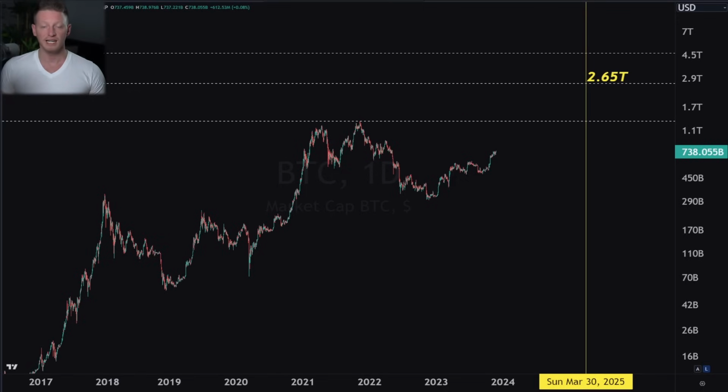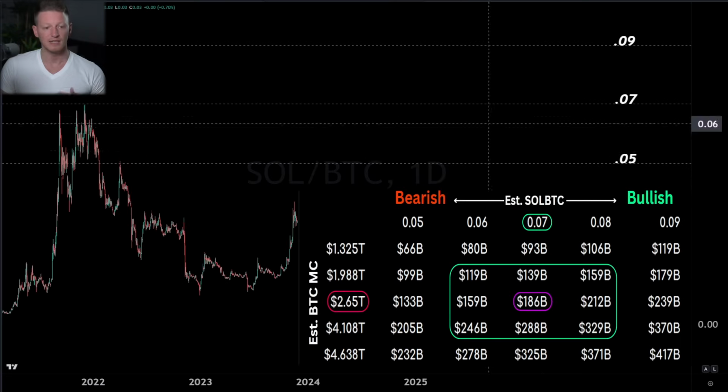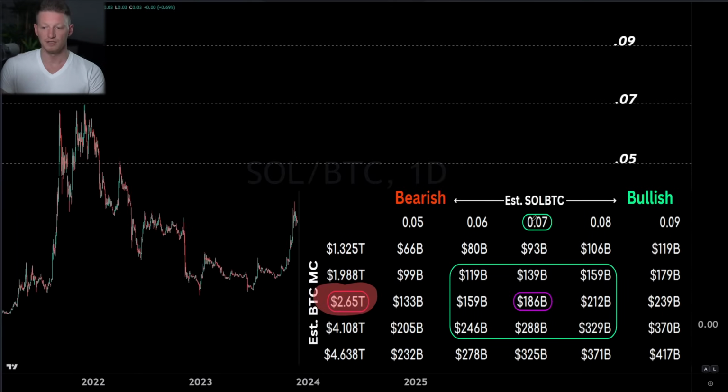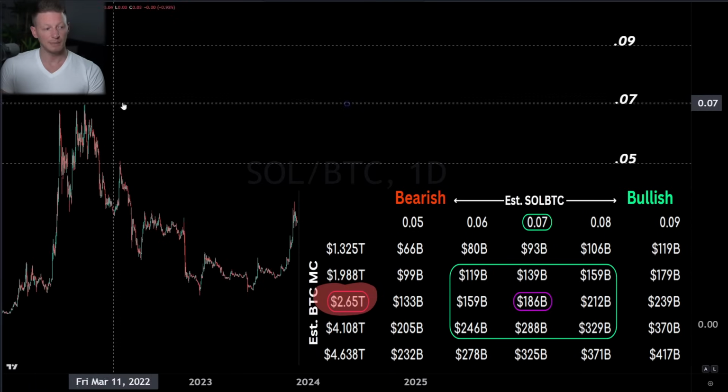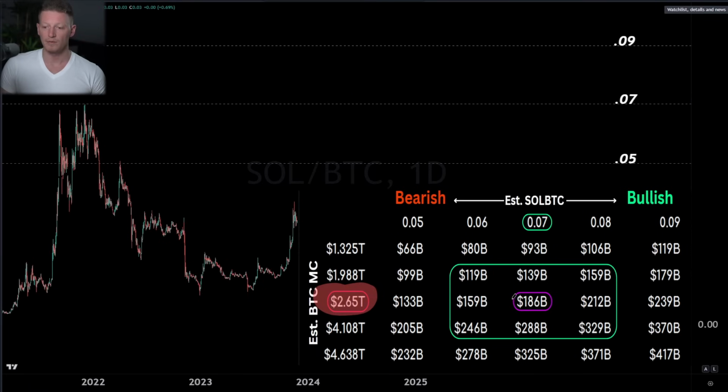So we can then say, well, if the Bitcoin market cap hits $2.65 trillion like we have here, and we come back to this peak level of around 0.07, what market cap for Solana would that give us? And that would give us a $186 billion market cap for Solana.